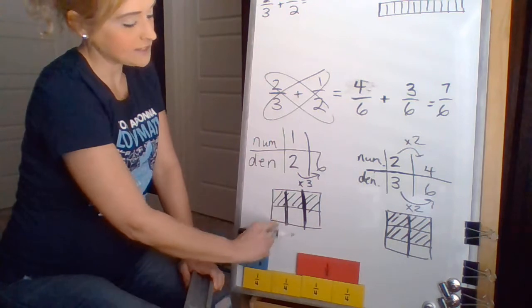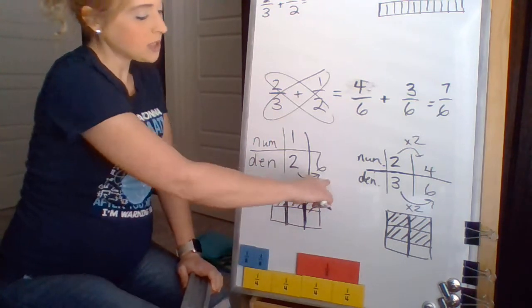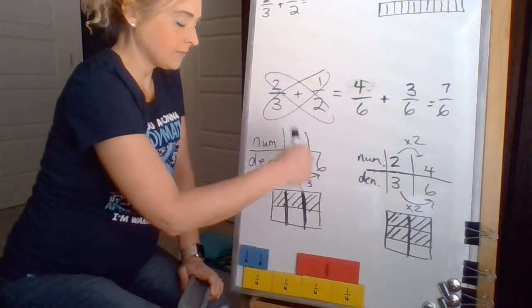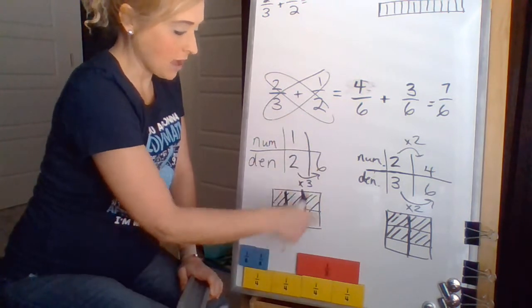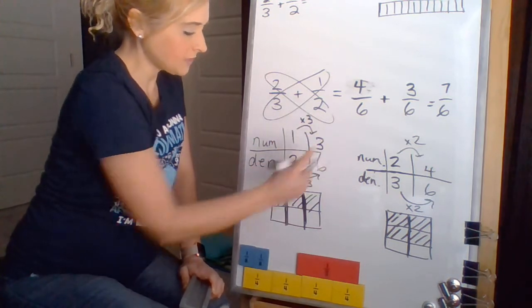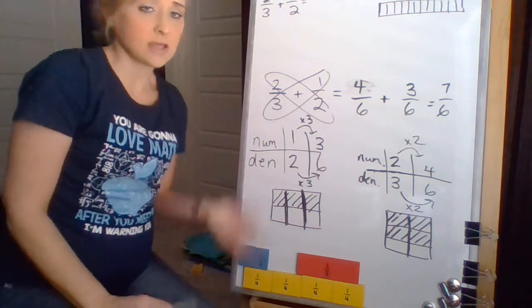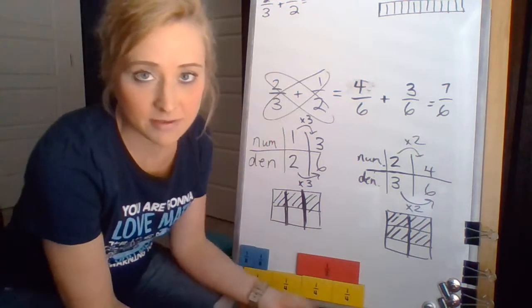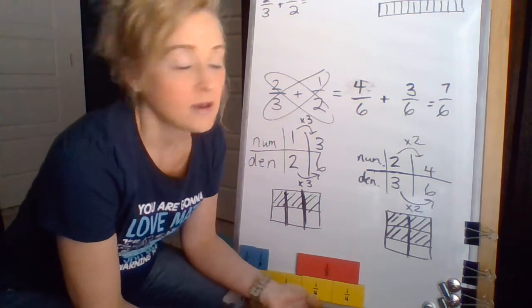So now I have 6, but when I tripled the number of pieces in my total whole, I also tripled the number of pieces that were shaded. So I have 3 pieces that are shaded. So that is where this butterfly method, that's why it works.